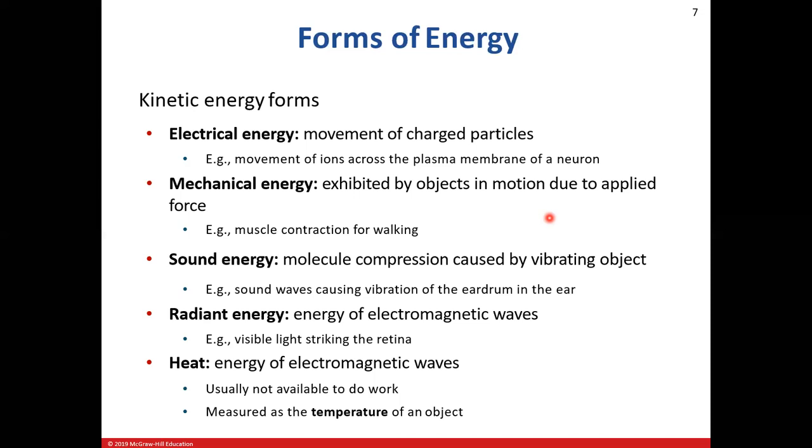We also have radiant energy, and radiant energy is the energy of electromagnetic waves. So basically, we're looking at light. So an example would obviously be visible light that strikes the retina. So anything that you see has some sort of wavelength that it's really giving off, and that's the visual wavelength that your eyeball is capable of seeing.